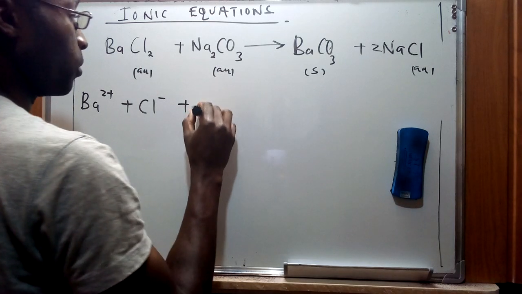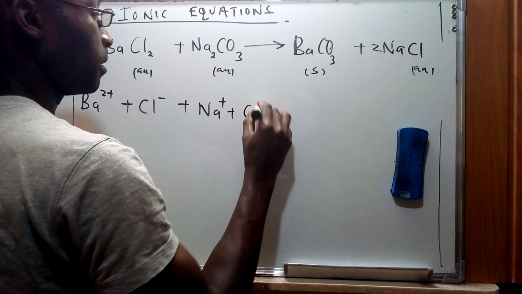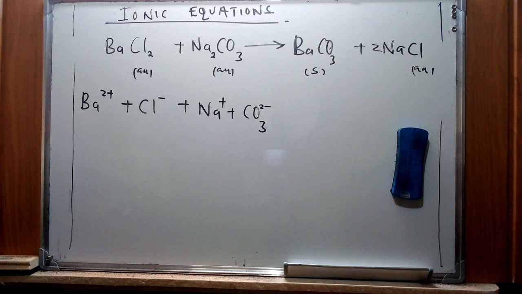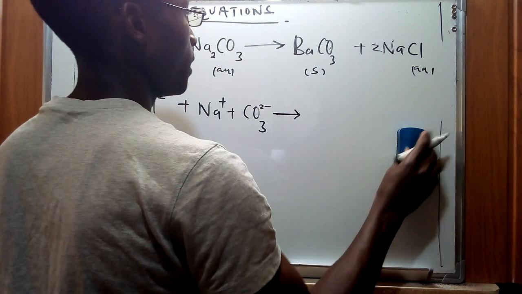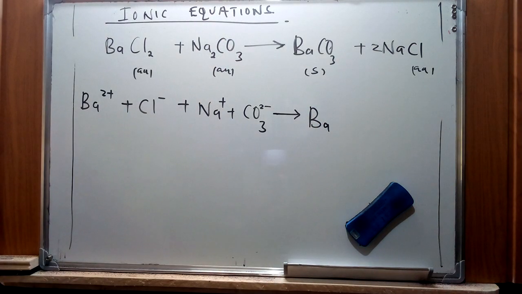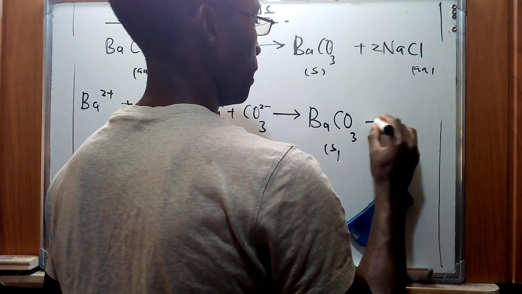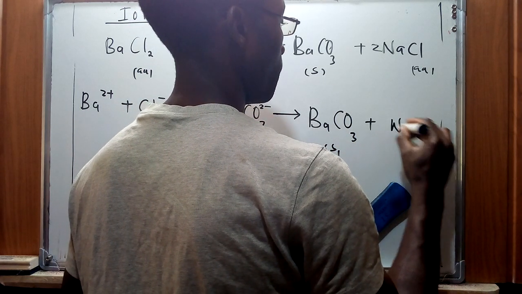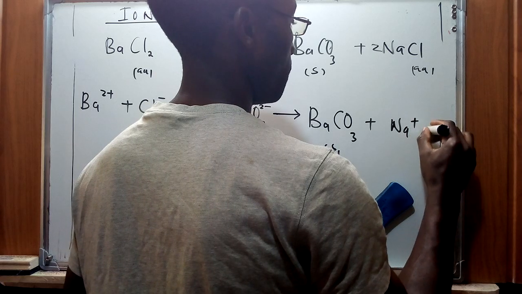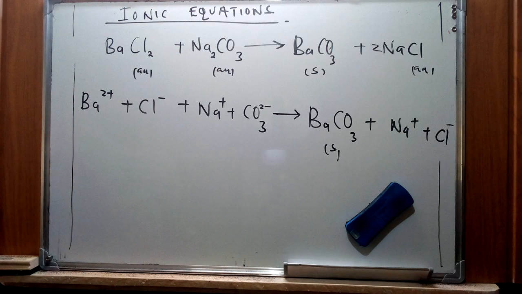So we also have sodium, which is combined with carbonate, and then it's forming barium carbonate, which is a solid of course, plus sodium plus chlorine. So I've said that we have possibilities that are going to occur during an ionic equation, and we're going to see the 3 conditions for that.